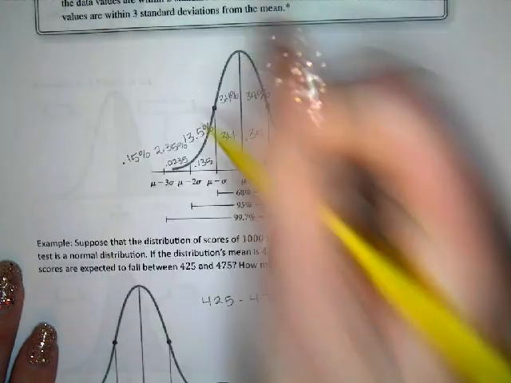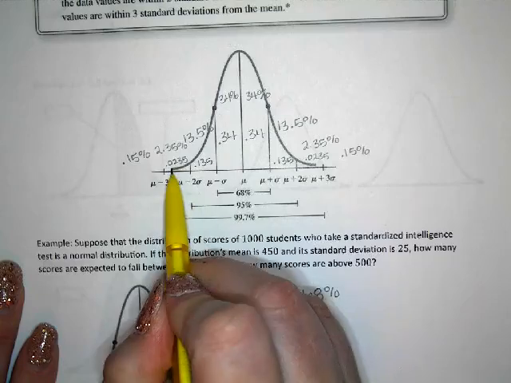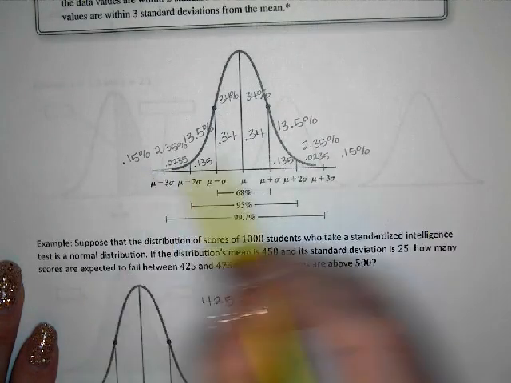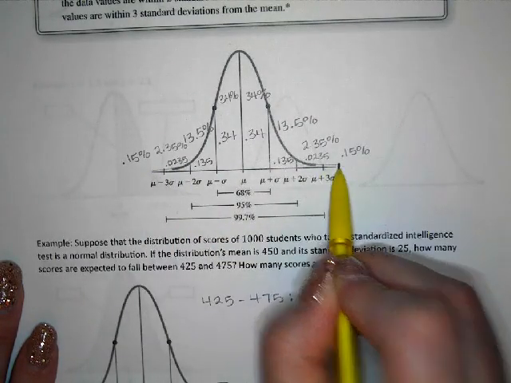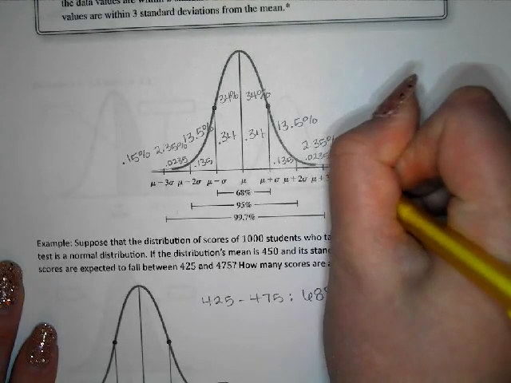And if I think of this little bell curve, if it kept going and there's just a very small area in here, then I could do 0.0015 for the area.